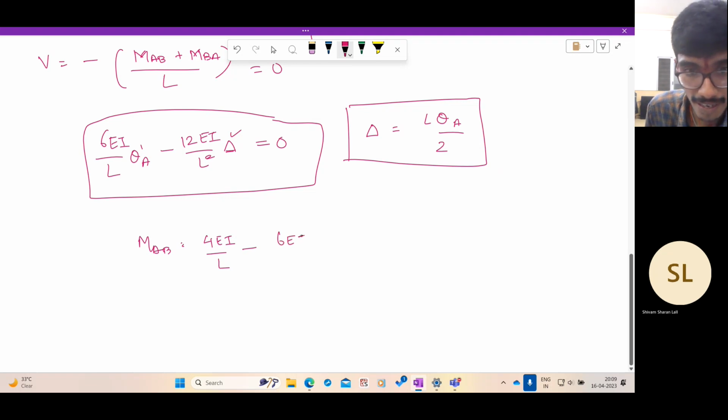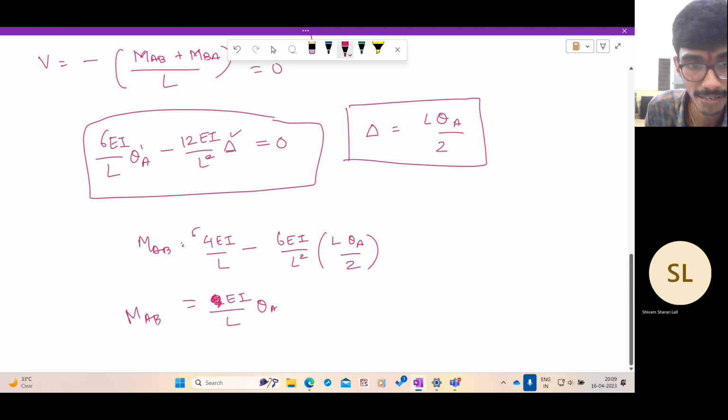Minus 6EI by L square into delta, where delta is theta A by 2. So this is 4 minus 3, it is 1 EI by L. So MAB is 1 EI by L theta A. So everything is multiplied by theta A.